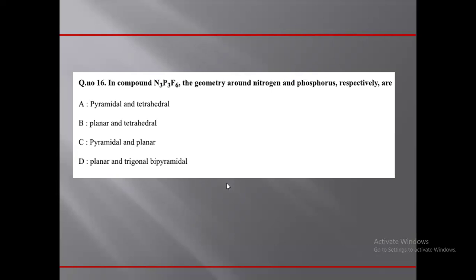To solve this, we have to write the structure and see the hybridization of nitrogen and phosphorus. The hybridization of nitrogen is sp2, meaning planar, and phosphorus is sp3, meaning tetrahedral. So option B is correct.